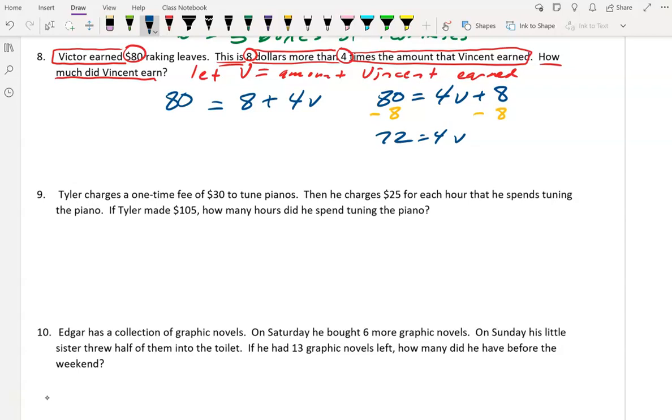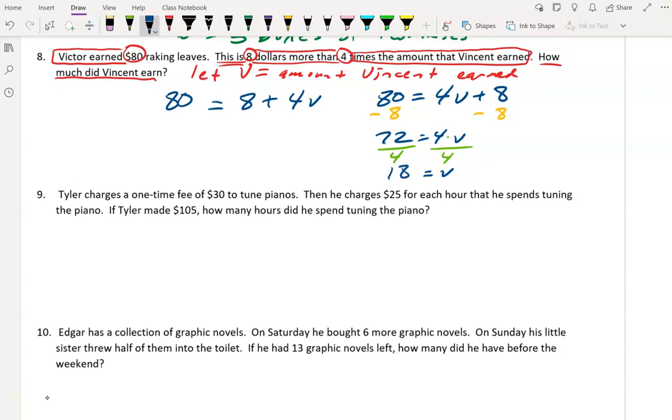And when we do that, we are left with 4 times V, and so we will undo the multiplication of 4 times V by dividing by 4. And when that's all done, we have V by itself over here, and 72 divided by 4 is 18.